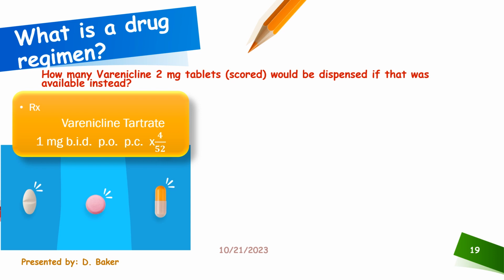Now, let's say hypothetically you had varenicline tartrate 2 milligram tablets in your pharmacy. These tablets are scored, and you have this prescription for 1 milligram BID POPC for 4 weeks. How many tablets would you dispense in this case?